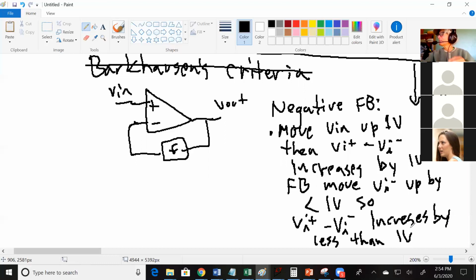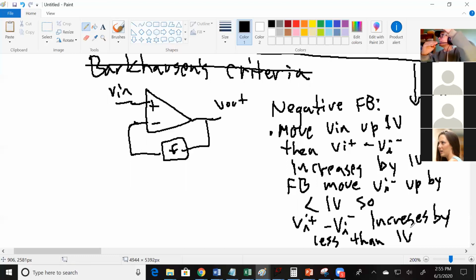So what's happening here is the non-inverting input goes up by 1 volt. So that just increased the difference between VI plus and VI minus. But if feedback moves it up, and the change in the difference between VI plus and VI minus is less than how much you moved V in, then it's negative feedback.